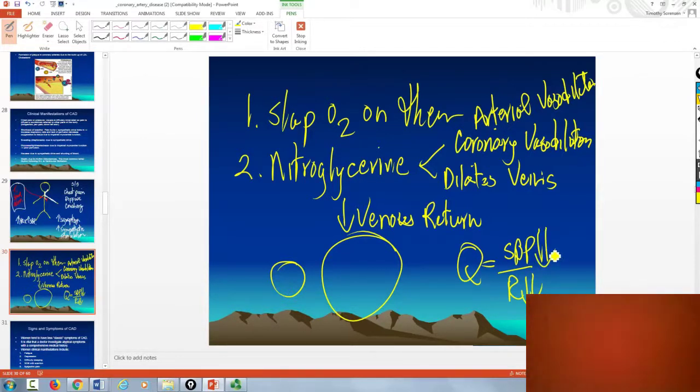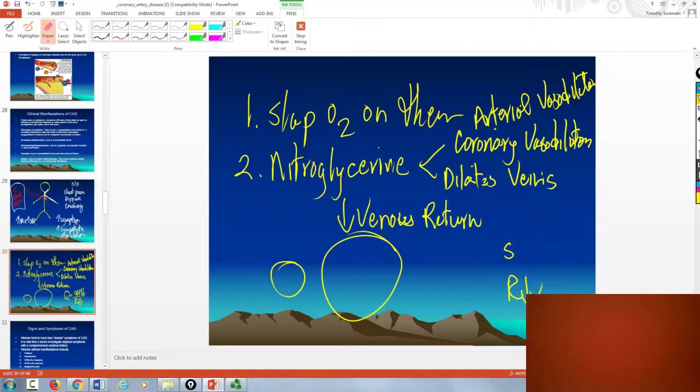Now, if you don't maintain a blood pressure of at least 60 to your brain, then you're going to pass out, right? So one of the side effects of nitroglycerin can be a sudden drop in blood pressure. So you need to be careful of that.